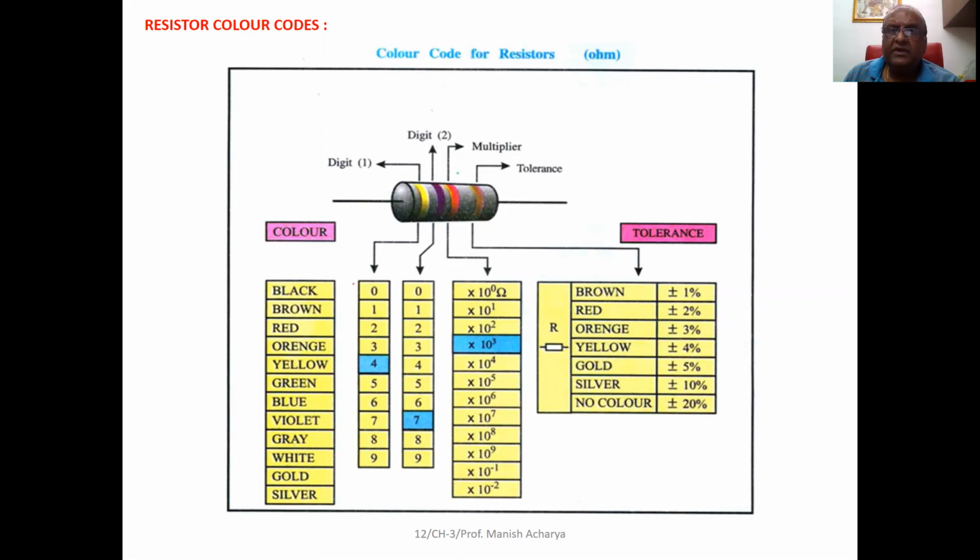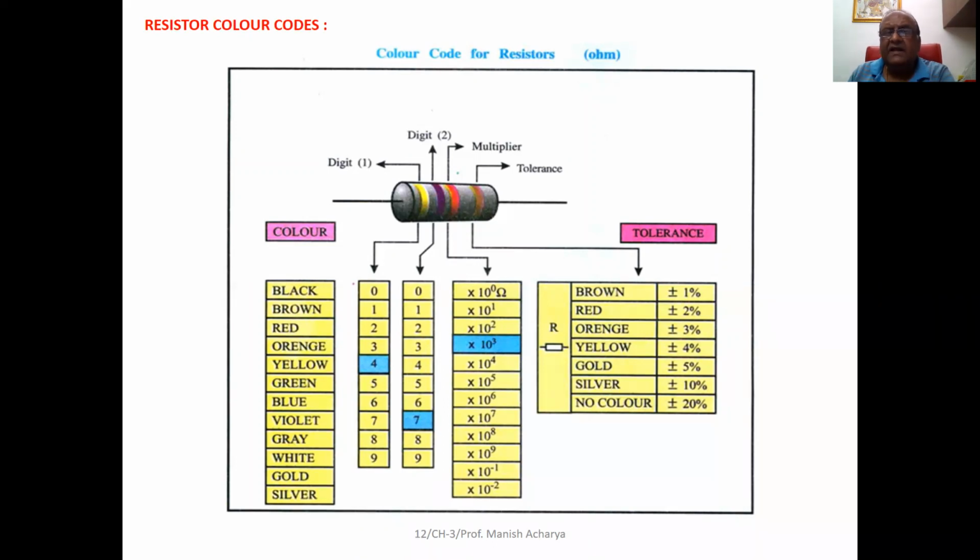Using the first three bands, one can decide the value of that resistor, and the fourth band is for tolerance.